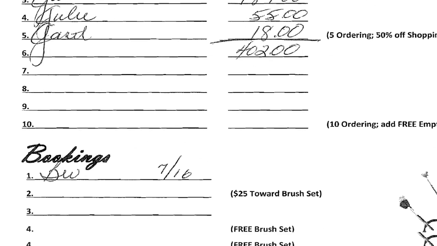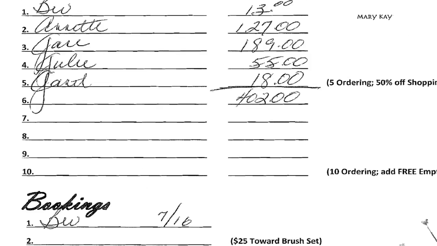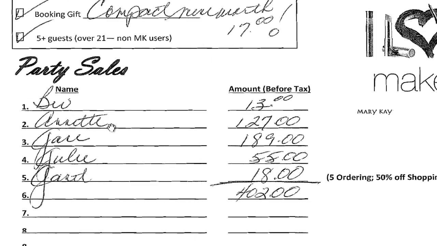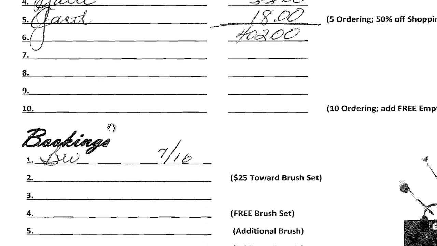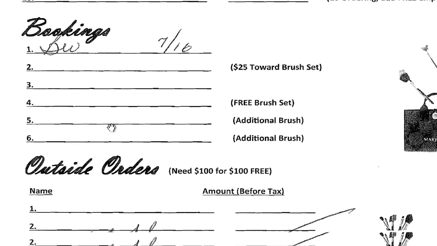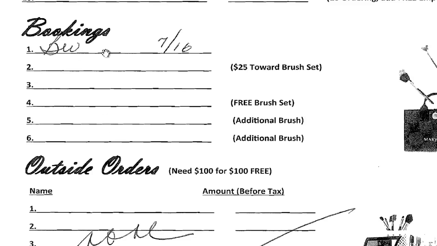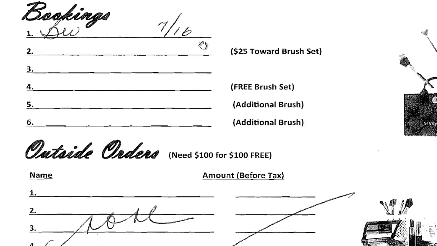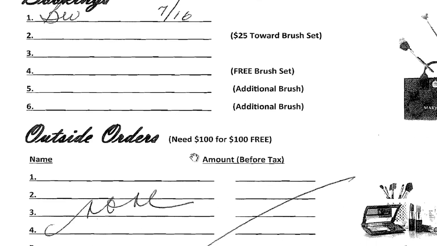What's important about the triple credit is a hostess needs to have everything in the top. The party sales have to be $400. She has to get 2 bookings and then $100 in outside orders to qualify for the $200 for free. But she only got 1 booking. Bev did book a party on 7/16, so I put the date down that party's going to be held, and there were no outside orders.